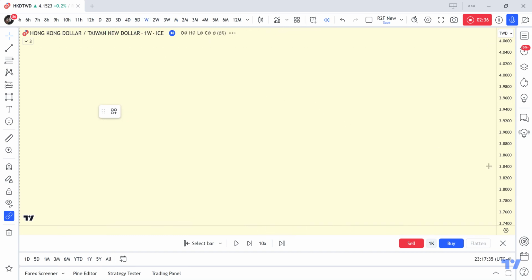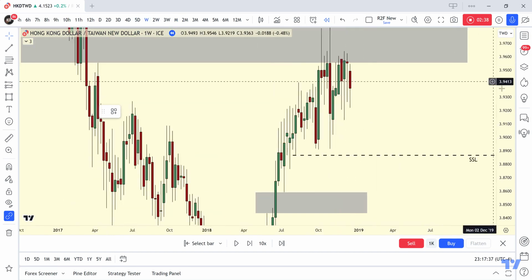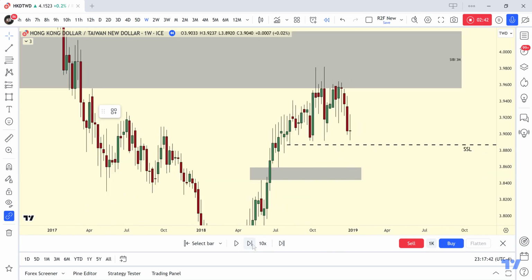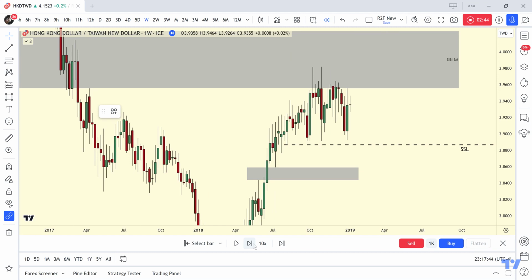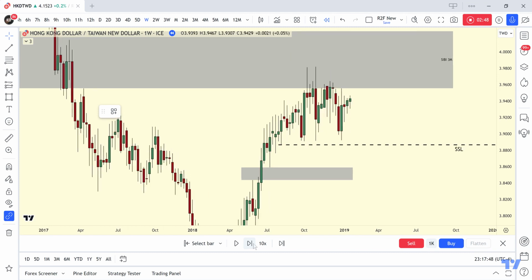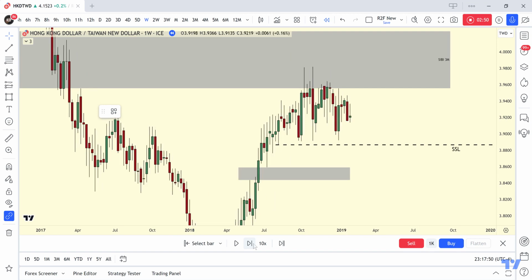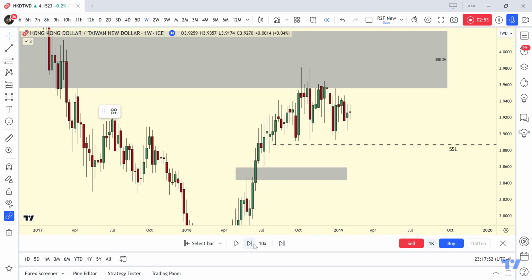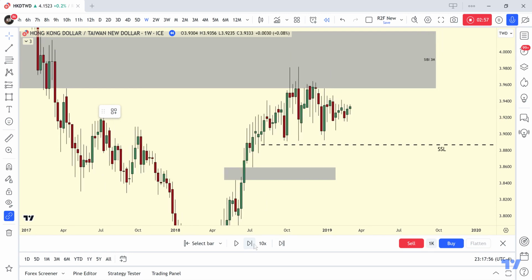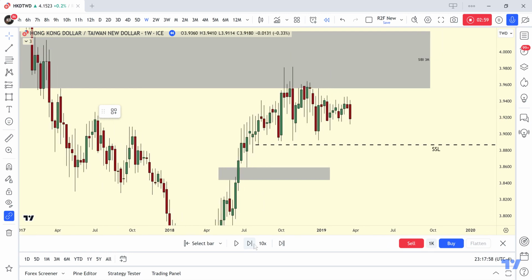Let's go to the weekly. What do we see? Let's wait for weekly gap maybe. Okay, looks like it wants to take that out. But if we go higher, that'll be cool too. More opportunities. No gaps, just a whole lot of consolidation.